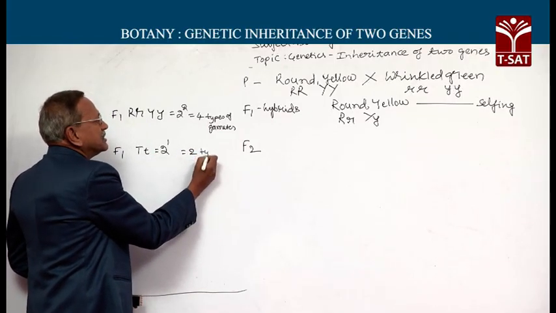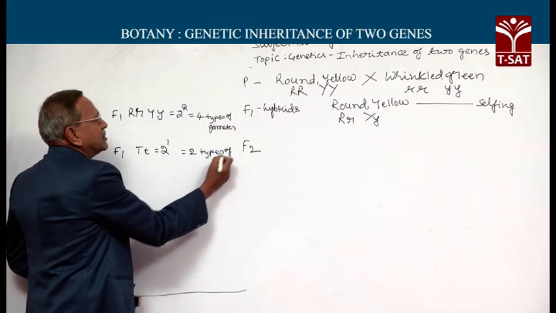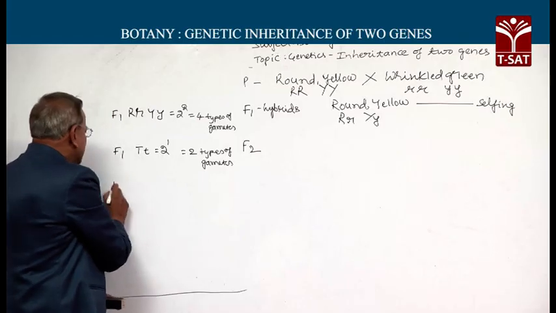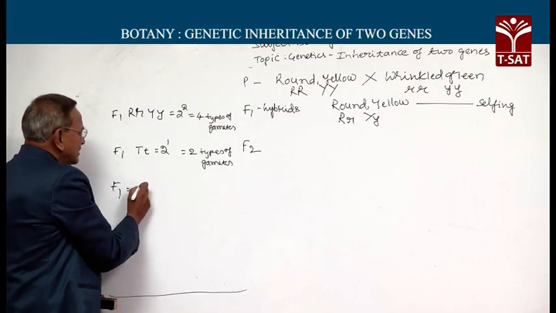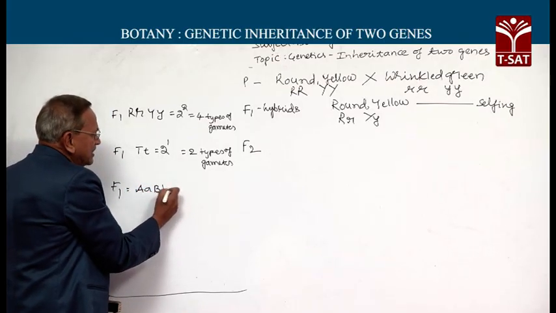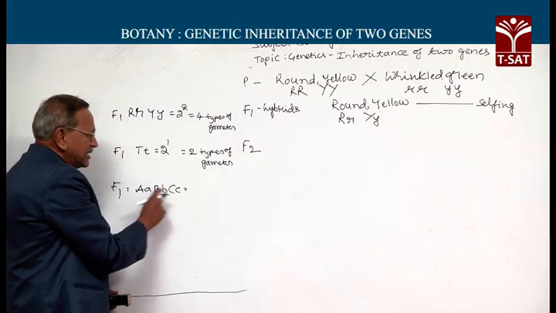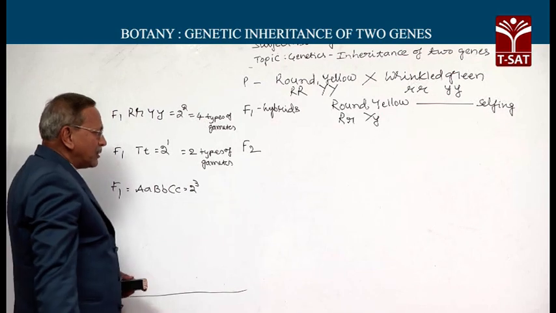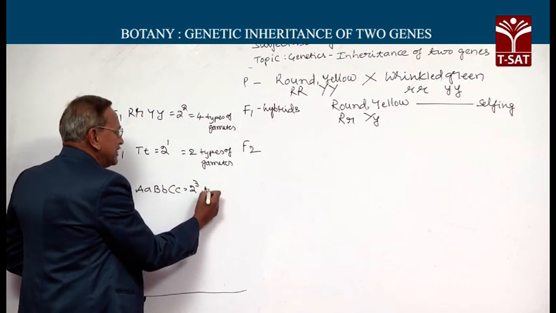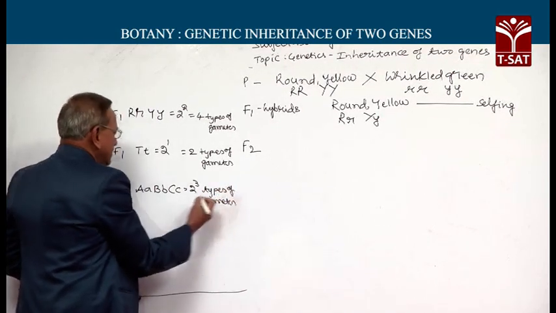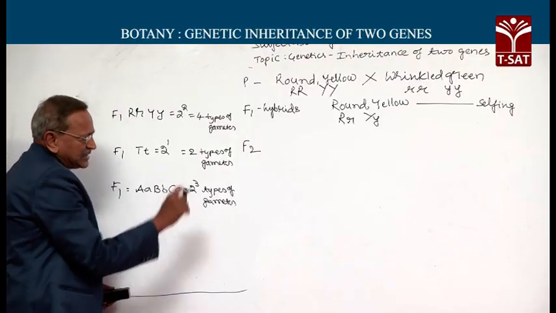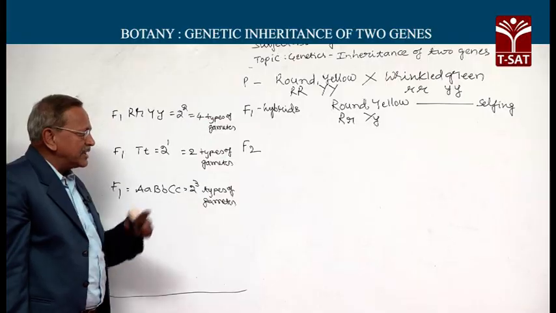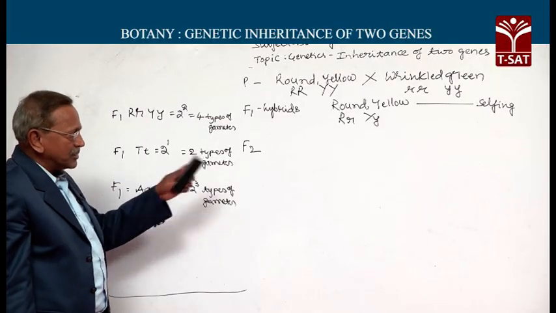It will produce 2 types of gametes only and not more. Suppose F1 is Aa, Bb, Cc, it is heterozygous for 3 traits, so it should produce 2 to the power 3 types of gametes. So the heterozygosity is used as exponent of 2 to find out how many types of gametes it will produce.